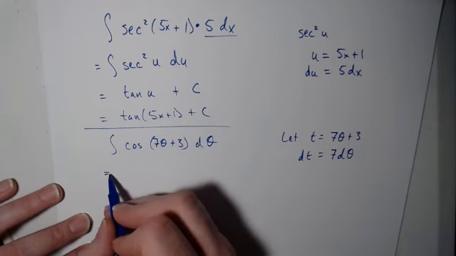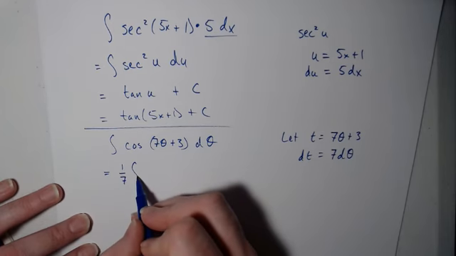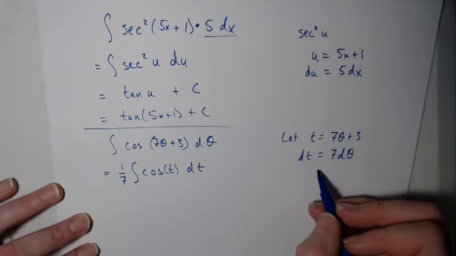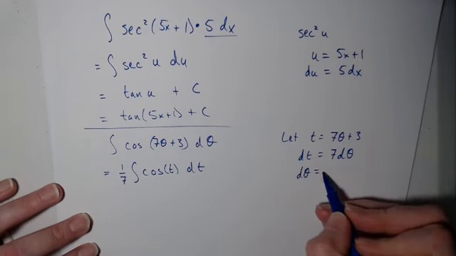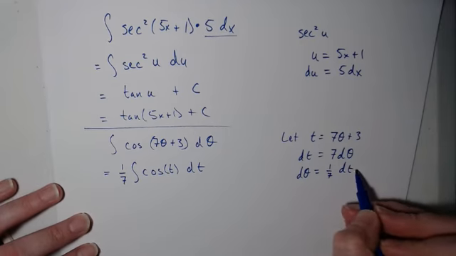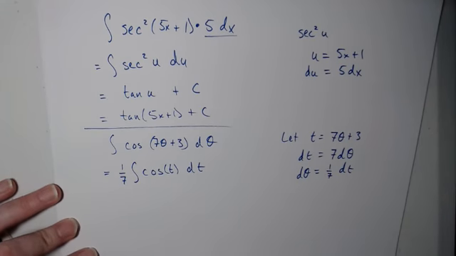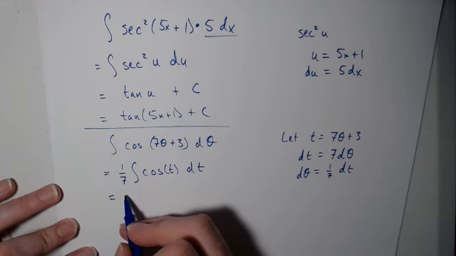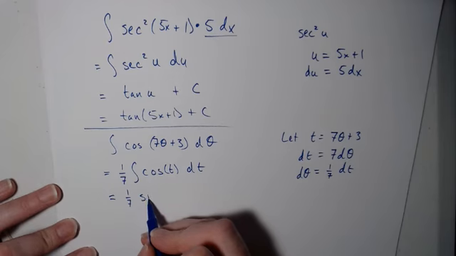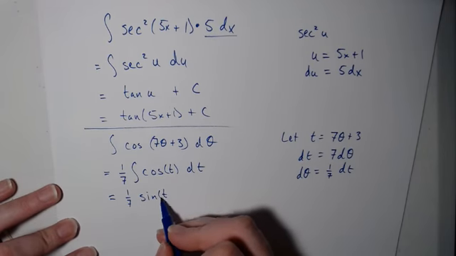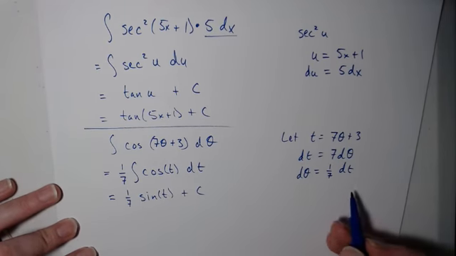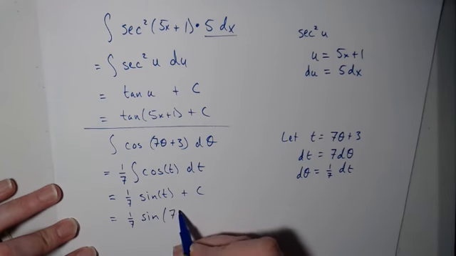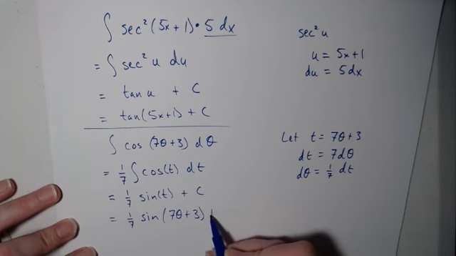So that means this is equal to 1/7 the integral of cosine t dt. I did not write this, but we could write d theta equals 1/7 dt. That's what I used to bring the 1/7 in. Antiderivative of cosine is sine, so this will be 1/7 sine t plus c, and then a little back substitution, 1/7 sine 7 theta plus 3 plus our constant.